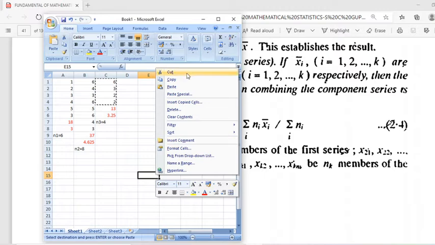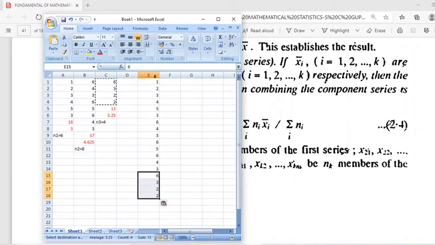What is the mean of the combined series? Take the total of this series. What is the total? 68. What will be the mean? 68 by how many? 18 observations. So the combined series has a mean 3.77.